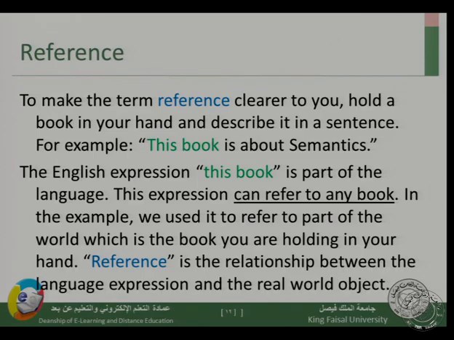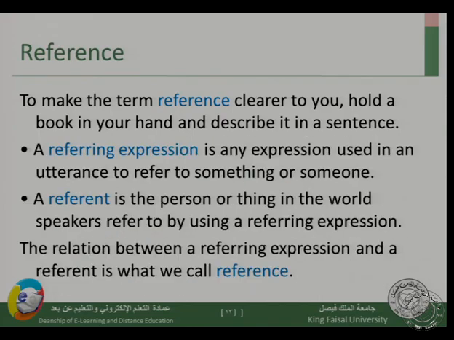Reference is the relationship between the language expression, which in this case is this book, and the real world object, or as I said, this pen. All right, this pen is the language expression, and this object is the real world object, which we're going to give a name in a bit and define as well.